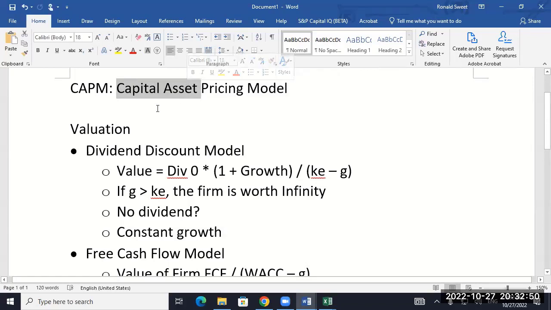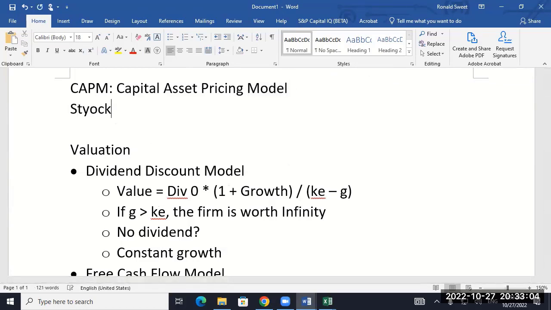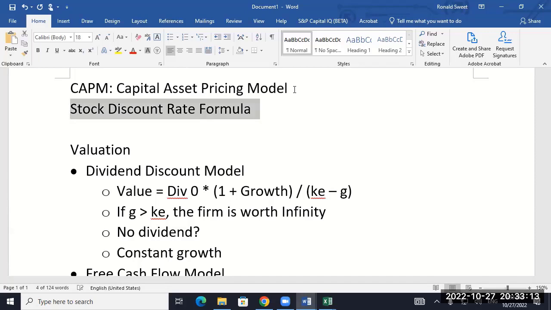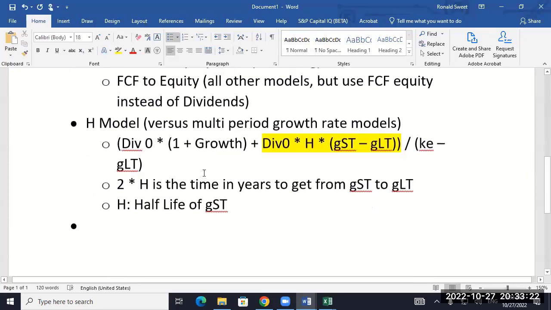How many capital assets does it apply to? Only stocks. So it's not capital assets, it's a stock. It's not a pricing model, it's a discount rate, and it's not a model, it's a formula. So he should have called it the stock discount rate formula. SDRF is what he should have called it. But yeah, Anthony, he says it's a pricing model, but it's not. It's a cost of capital model. But we are using that in there.